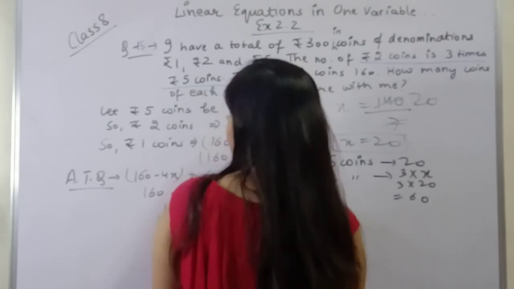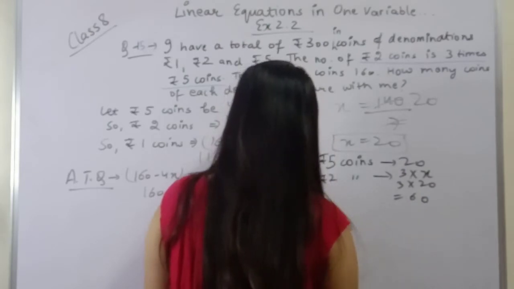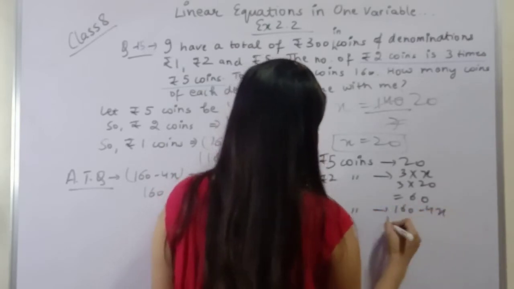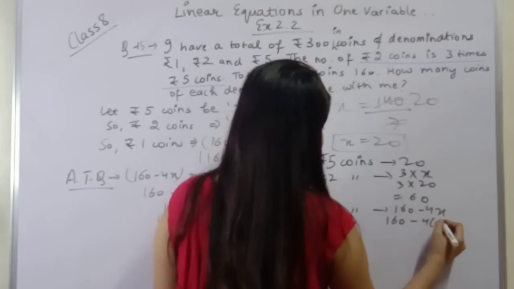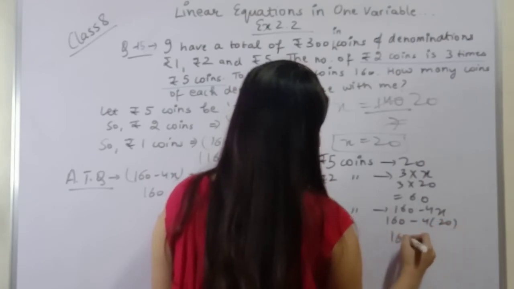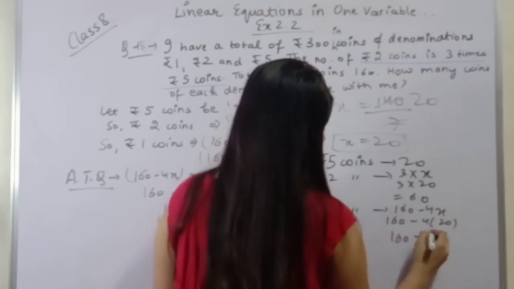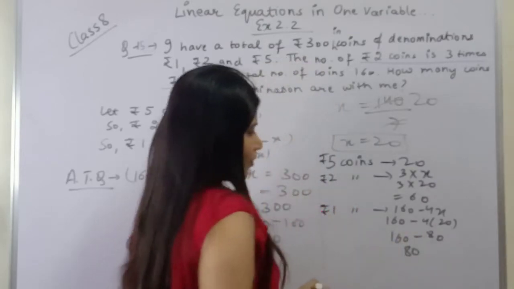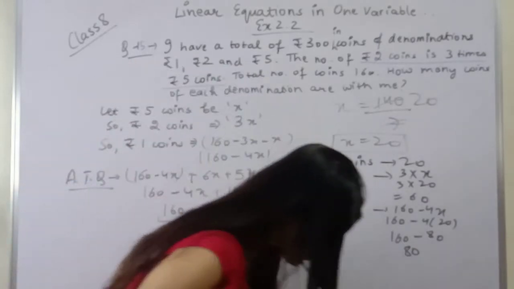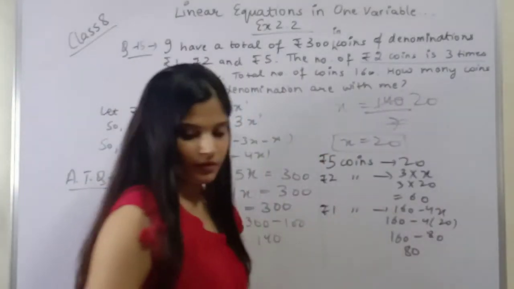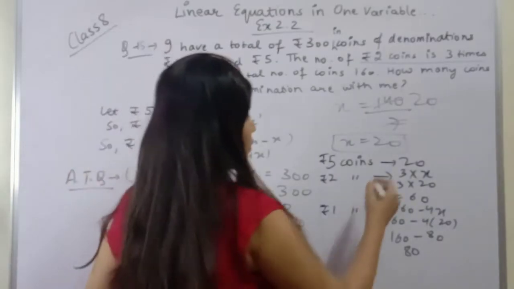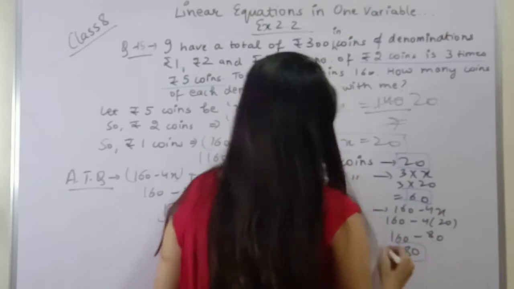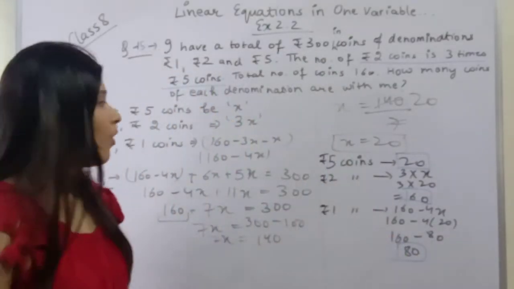And 1 rupee coins are 160 minus 4x. 160 minus 4 into 20, so 160 minus 80, which is 80. So it means that rupee 5 coins are 20, rupee 2 coins are 60 and rupee 1 coins are 80.